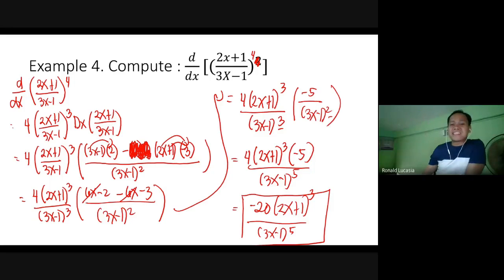Remember, when you still have a radical sign in the denominator, you have to rationalize it.